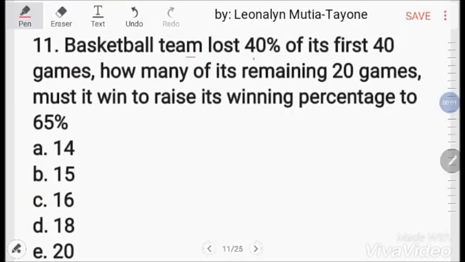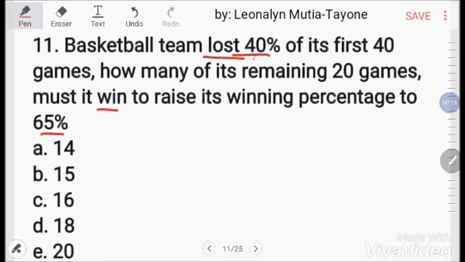Number 11. Basketball team lost 40% of its first 40 games. How many of its remaining 20 games must it win to raise its winning percentage to 65%? Para lang yung mixture problem ba? 40% yung mga natalo niya. Doon tayo mag-focus sa mga winning.